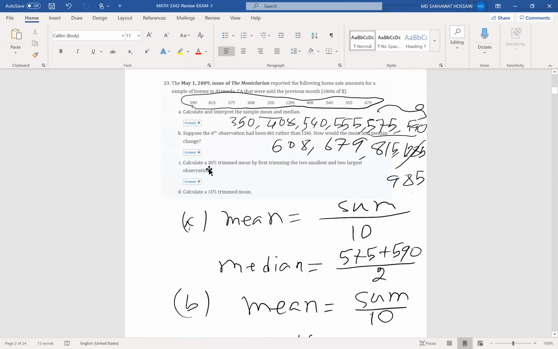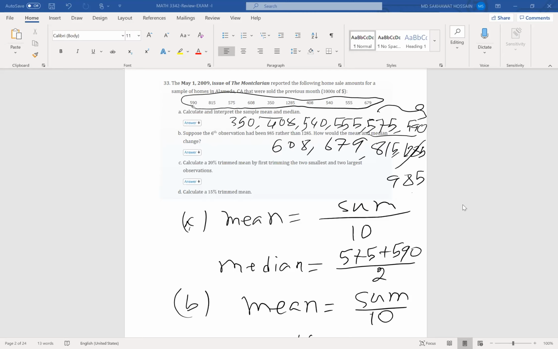Now we have to calculate the 20% trimmed mean by first trimming the two smallest values and two largest values. For a 20% trimmed mean you have to trim 20% of the observations from the left and 20% from the right. 20% of 10 values is 2.